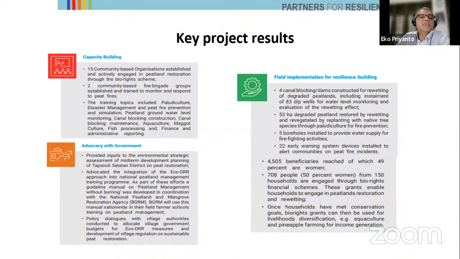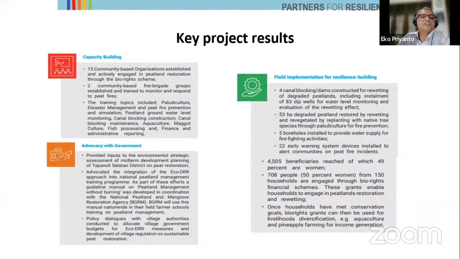For key project results. For capacity building, 15 community-based organizations were established, trained, and actively engaged in the restoration through the BioRat scheme, and 2 community-based fire brigade groups were established and trained to monitor and respond to peat fires.